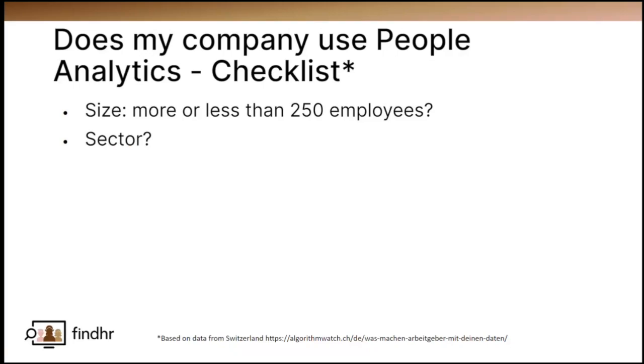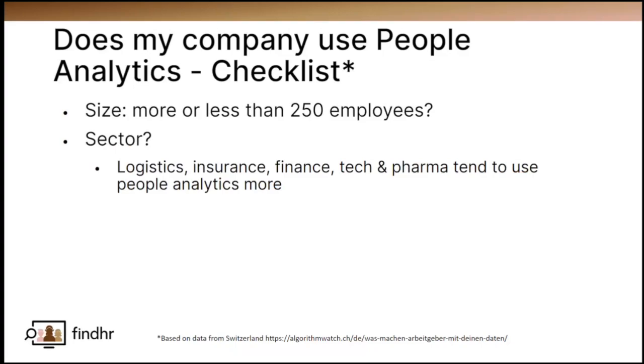Then the sector. This is based on work that a colleague of mine did for Switzerland. Algorithm Watch is a German and Swiss organization. There we found that in logistics, insurance, finance, tech, and pharma, the companies tend to use people analytics more, which makes a lot of sense because these sectors are used to a lot of computing and deal with data a lot.